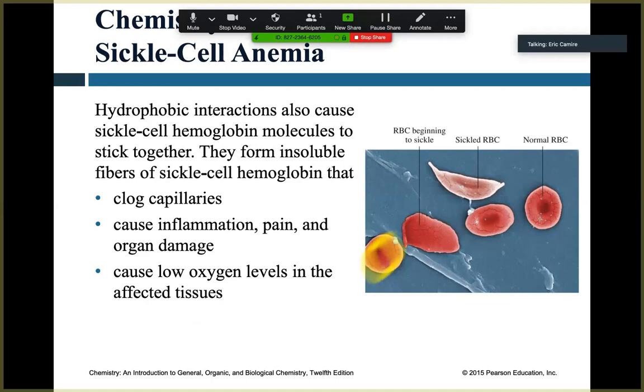So when you start making mutations to the hemoglobin, they actually take on a sickle shape, and it changes their structure, and they can't do their job as well. It clogs capillaries. Once that happens, it causes inflammation because your body knows something's wrong. That causes pain and organ damage, and it's not as effective at delivering oxygen, all from messing up one amino acid.